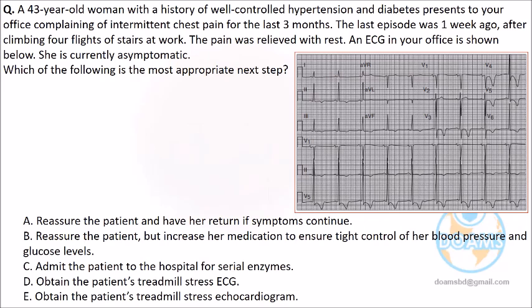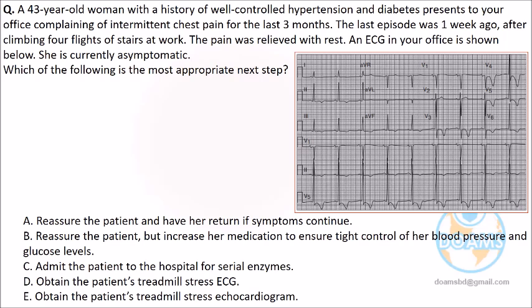The last episode was 1 week ago, after climbing 4 flights of stairs at work; the pain was relieved with rest. An ECG in your office is shown below. She is currently asymptomatic. Which of the following is the most appropriate next step?